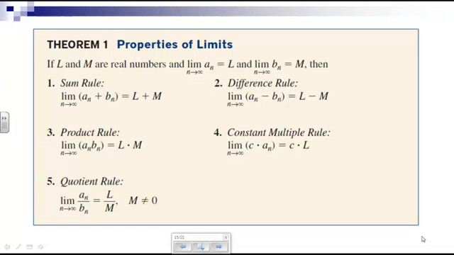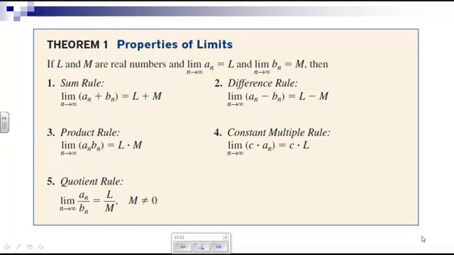So, last part of the lecture for sequences. As we had done with other new topics, I just want to remind you that these follow the same sort of algebraic rules. The limit of the sum of two sequences is equal to the sum of their two limits.